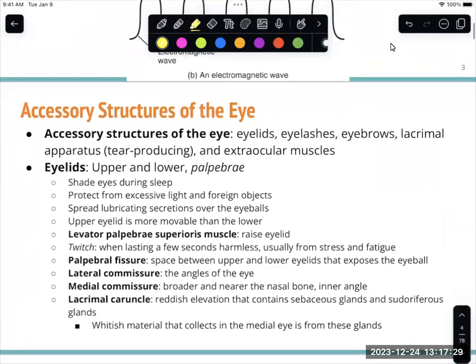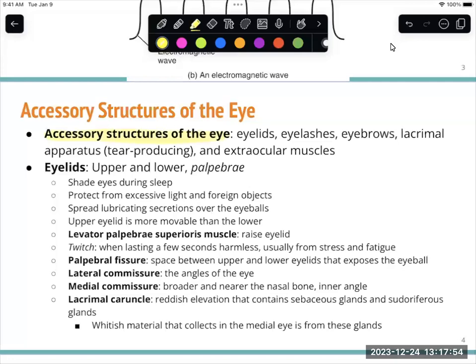So let's start looking at all the different parts of the eye. Our eye is not just the actual eyeball. There are a lot of accessory structures found in and around that orbit in the skull.